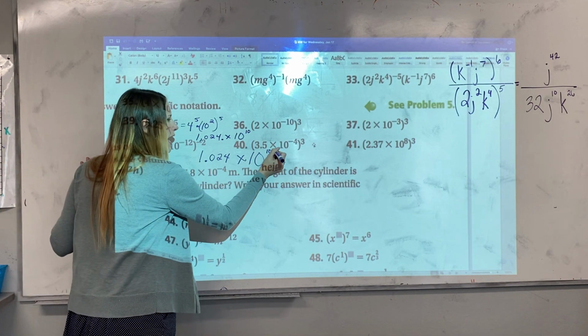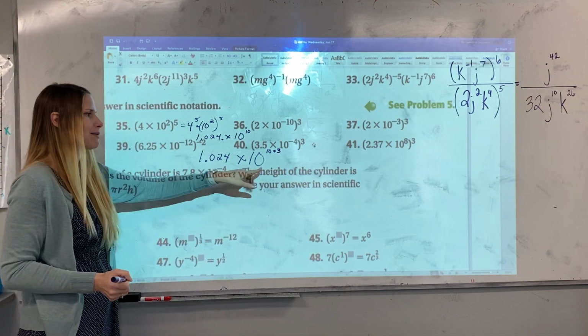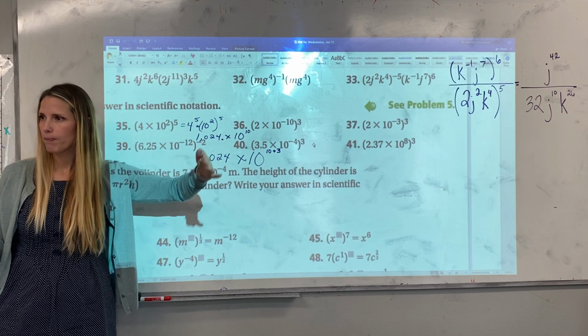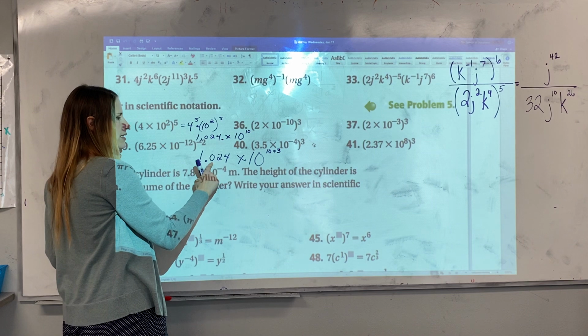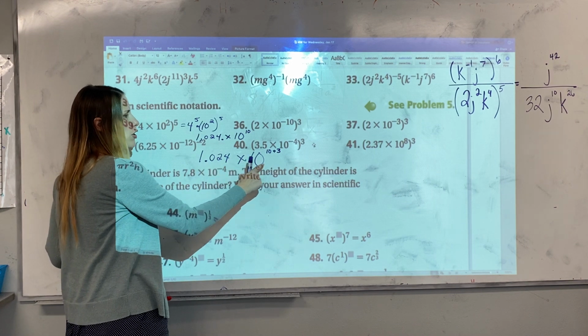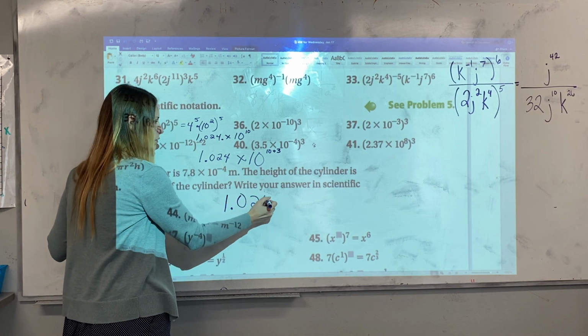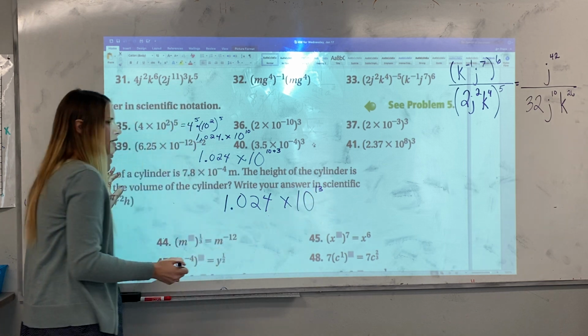So I'm going to add 3 positive place values to my exponent, because we know that 10 to the whatever power is place values, right? So I have 1.024 times 10 to the 13th power.